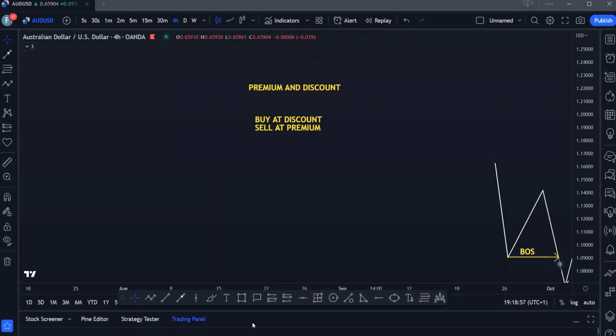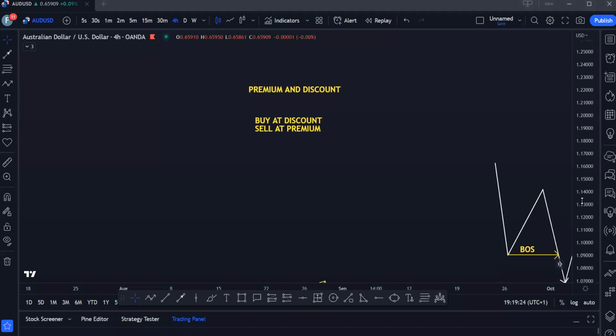So most of us don't understand Fibonacci. So maybe we'll look at Fibonacci properly in the next class.